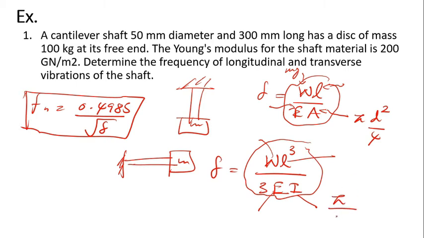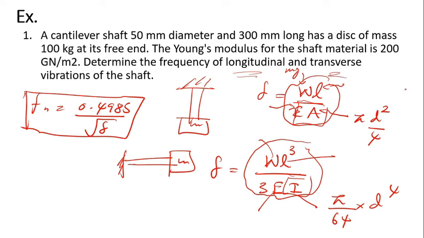It is pi over 64 into d to the power of 4. So by substituting the given values and calculating both A and I, you can find the frequency of these two cases.